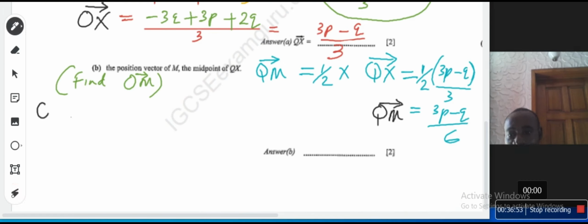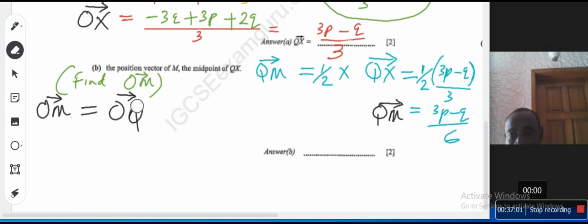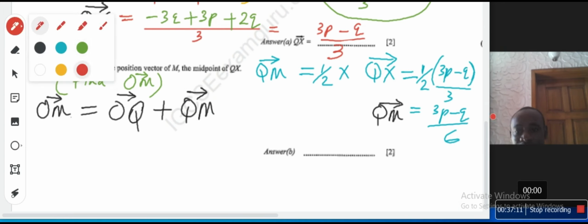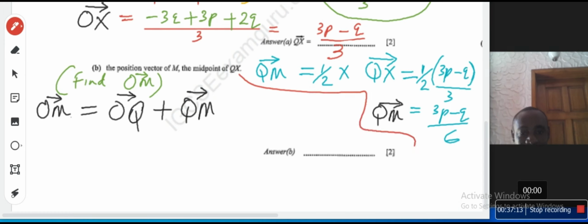So OM is equal to O to Q, then Q to M. Thank God we've already found what Q to M is.